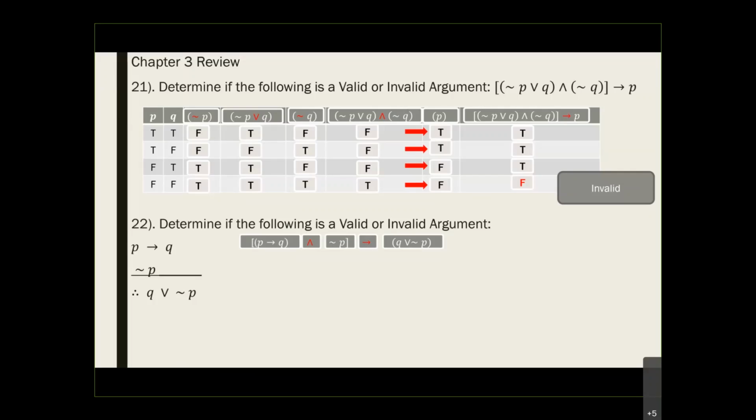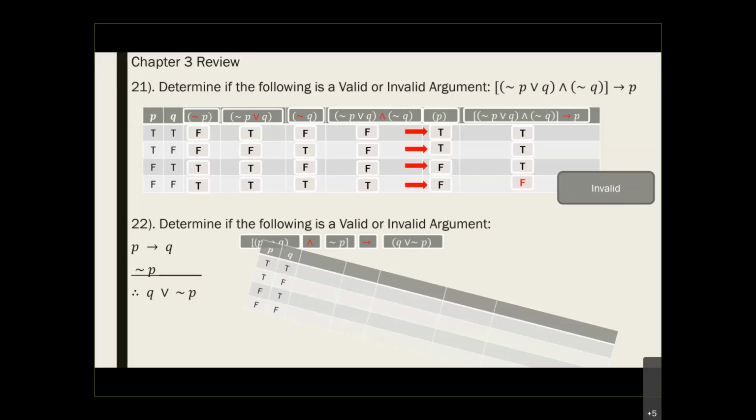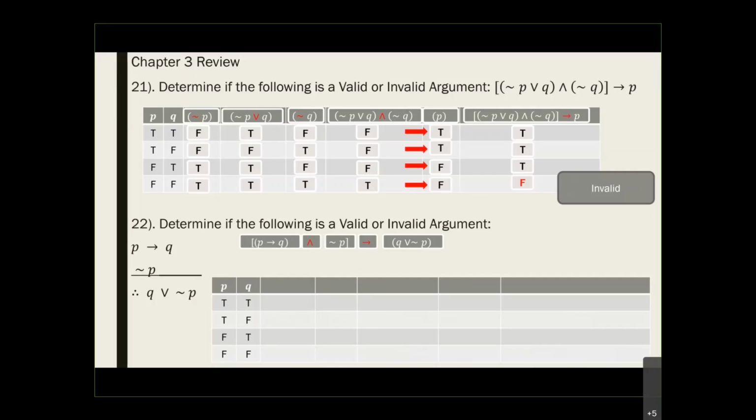So before we can say if it's valid or invalid, just like before, we need to construct the truth table, working from left to right.